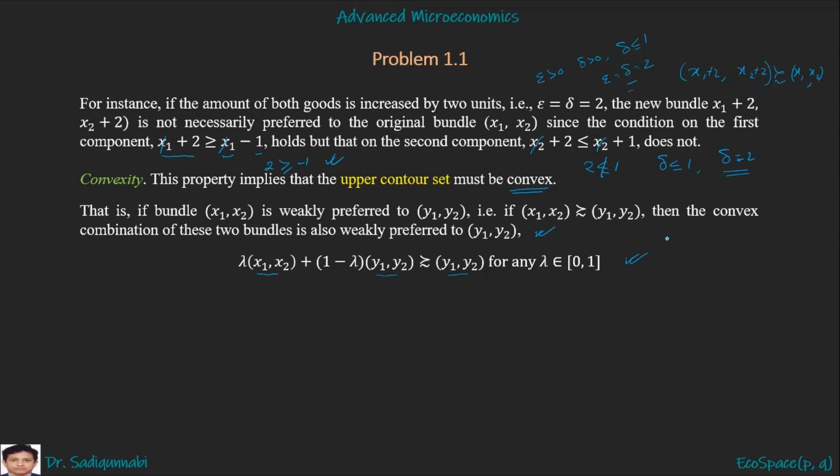We can simply write it this way: lambda x plus 1 minus lambda y should be weakly preferred to y. This is the convex combination of x and y. If it is weakly preferred to y, then we can say that these two bundles are convex. That means the upper contour set is convex.